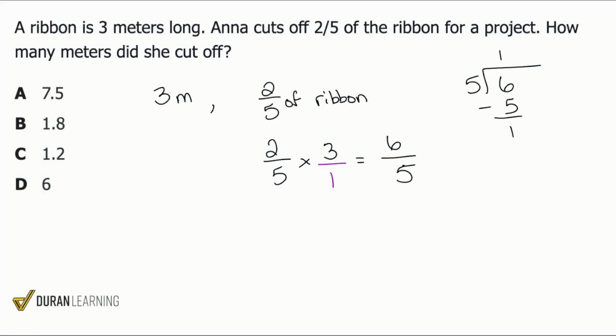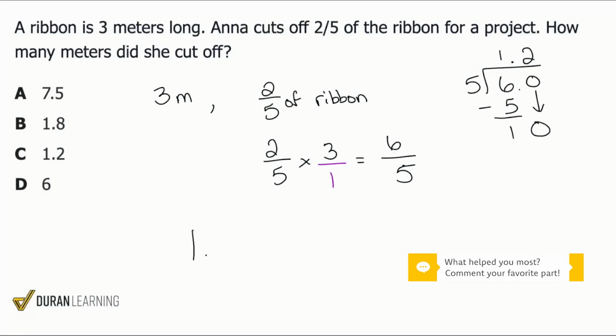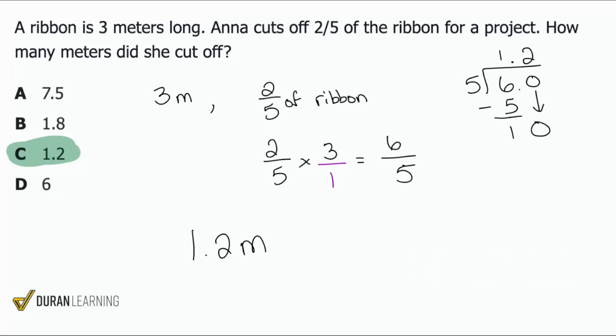Subtract 5, and we get 1 left over. We'll put a decimal place so we can continue. And then we have 5 going into 10. That'll be twice. And there we are. 2/5 of 3 meters is the same as 1.2 meters. And that's why the correct answer here is answer choice C, 1.2.